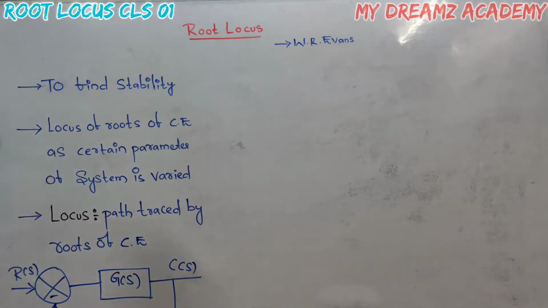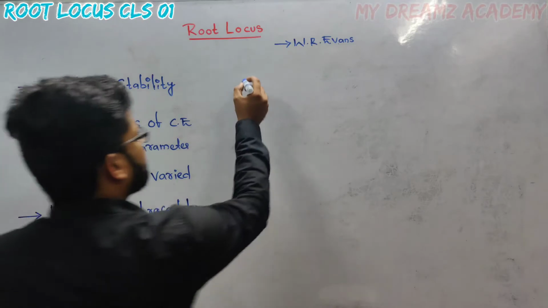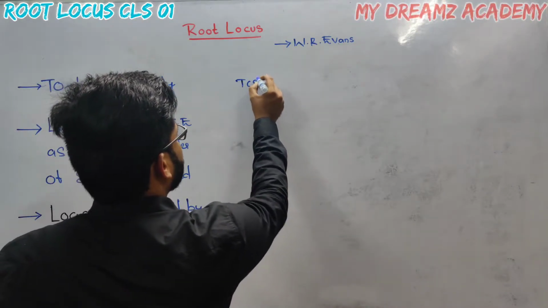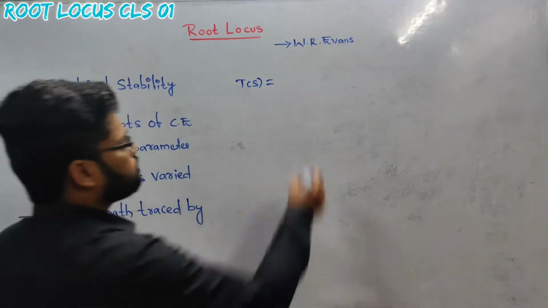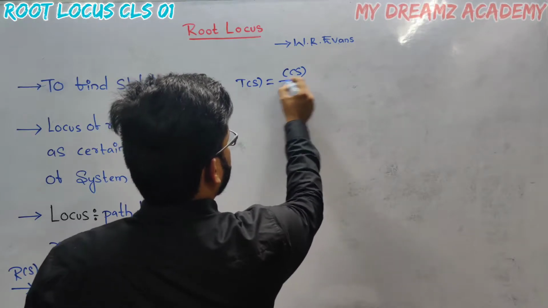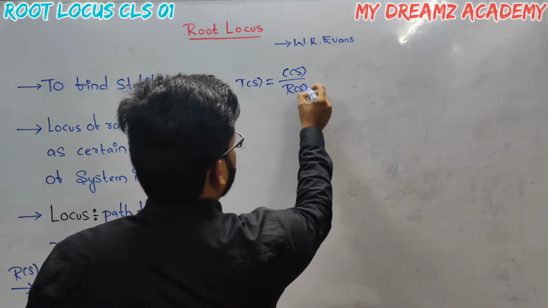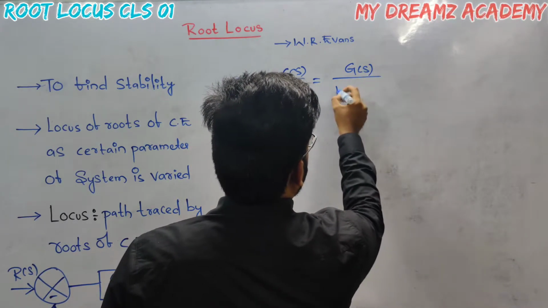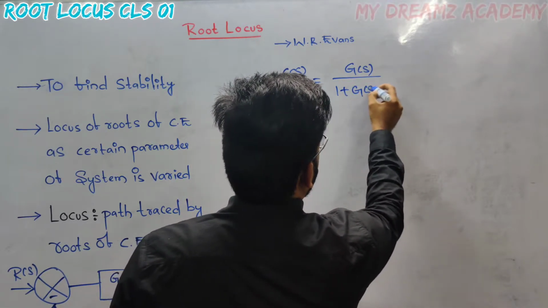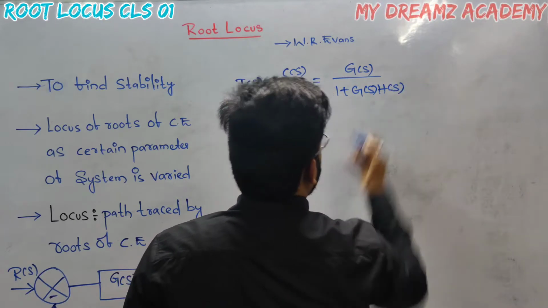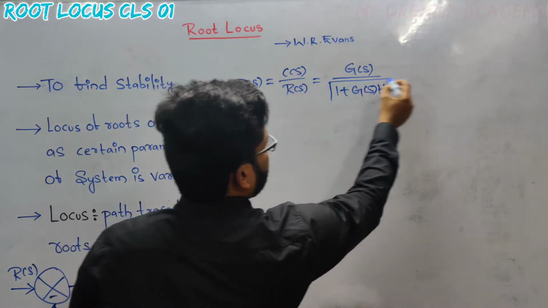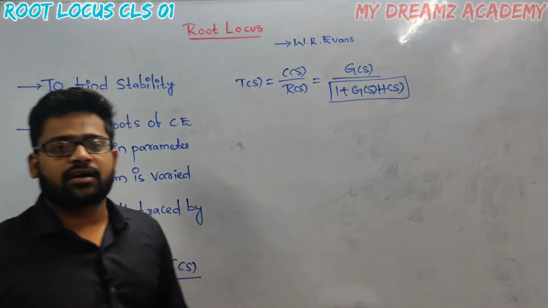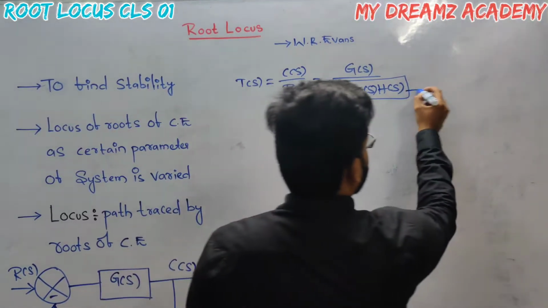C of S is the output, and the closed loop transfer function T of S is equal to C of S by R of S, which is equal to G of S divided by 1 plus G of S into H of S. The denominator of the closed loop transfer function is called the characteristic equation.